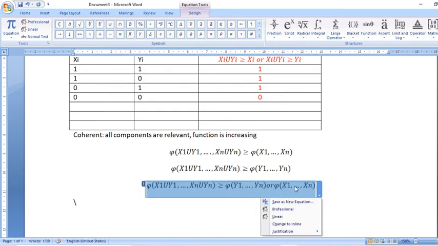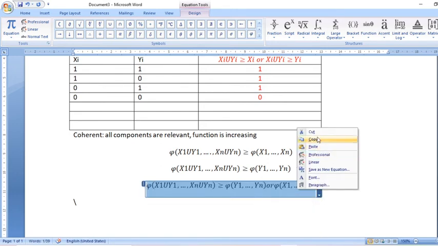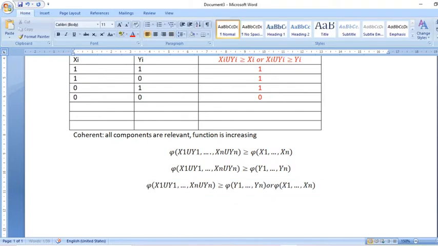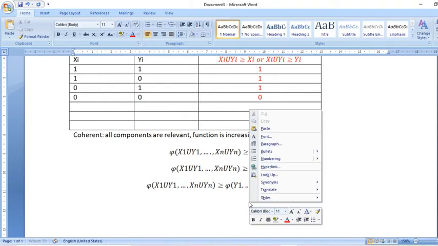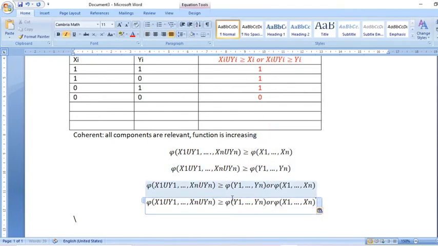These two equations hold simultaneously. I think you got the idea. Then the "or" can be replaced, because in the case of a binary system, or means parallel. X or y, x union y, so it can be replaced by union.